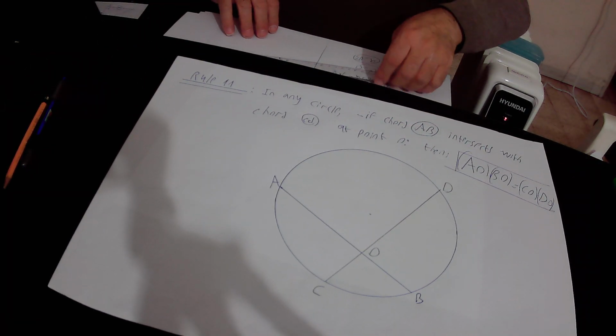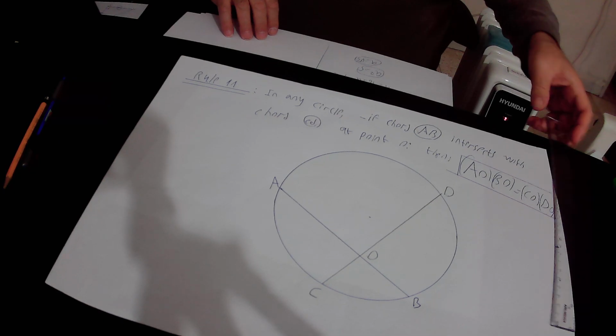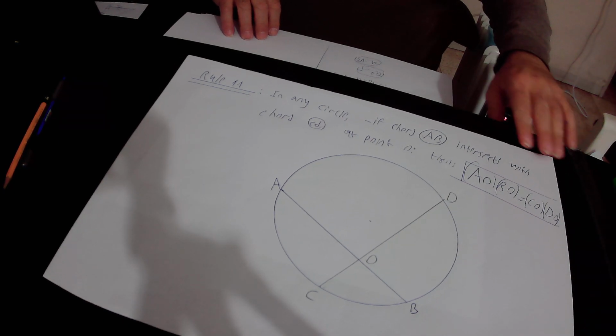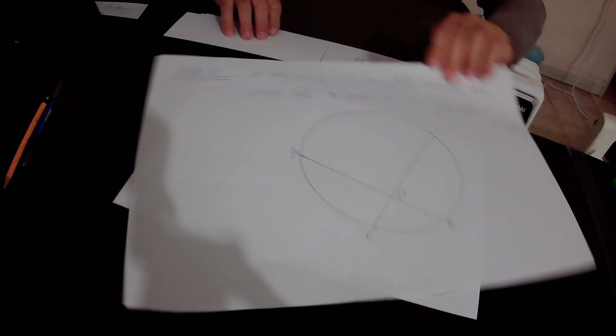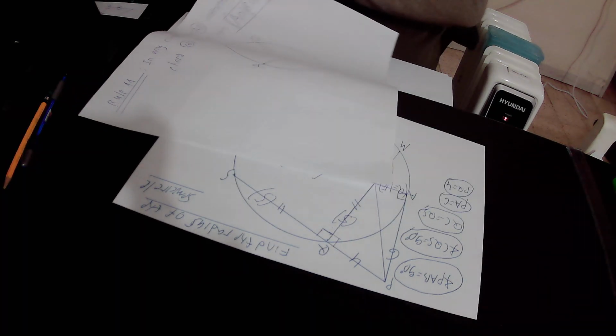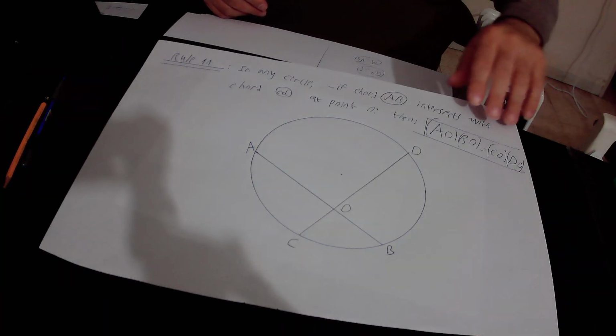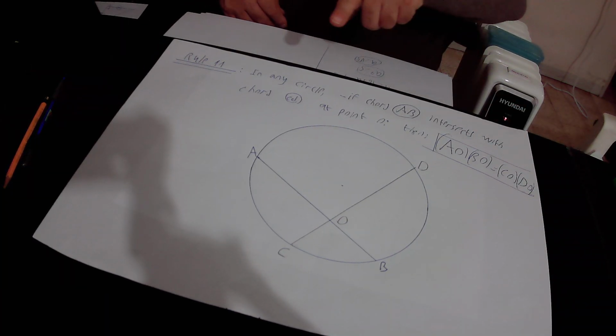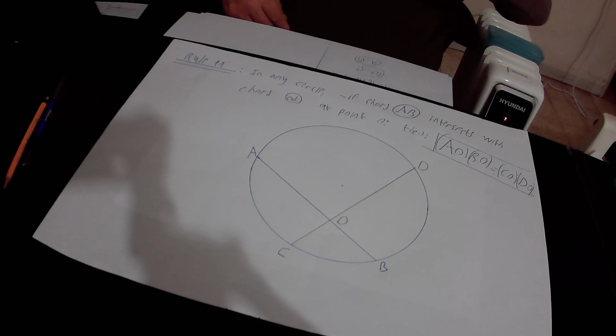According to rule number 11, in any circle, if chord AB intersects with chord CD at point O, then the following equation is true: AO times BO equals CO times DO. So rule 11 talks about two chords that intersect with each other inside the circle.